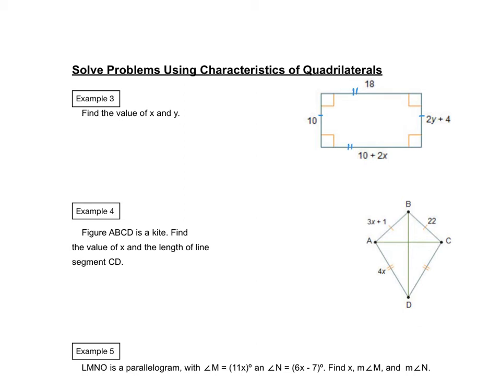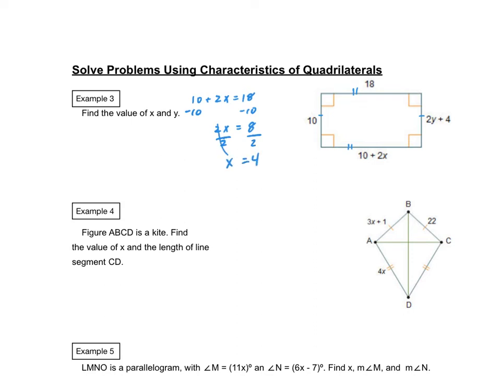So what I can do now is, if this side is equal to this side, then 10 plus 2x is equal to 18. I'm going to use my inverse operations, and I'm going to have 2x is equal to 8, divide both sides by 2, and x is going to be equal to 4.